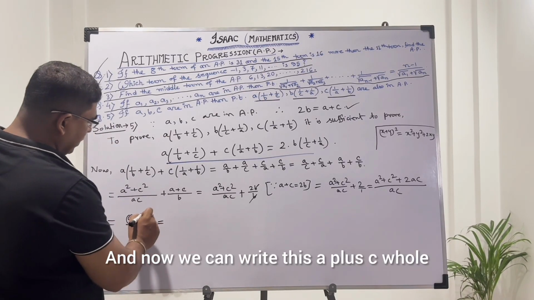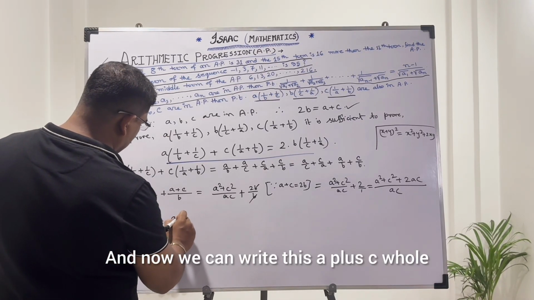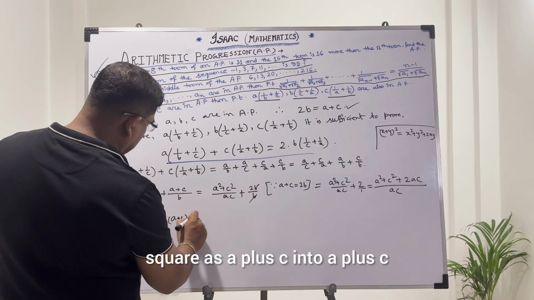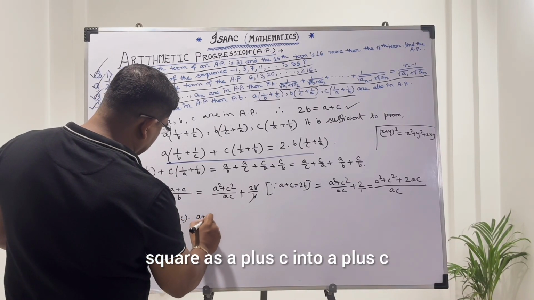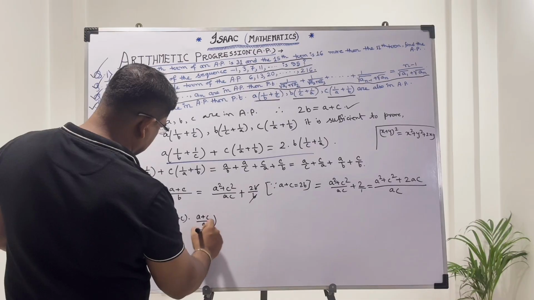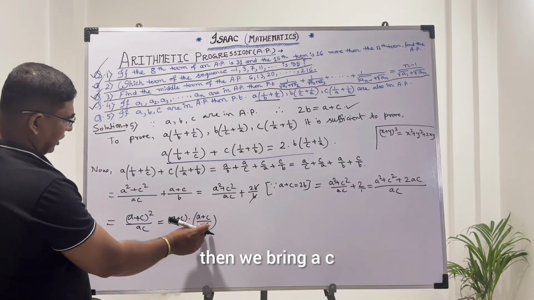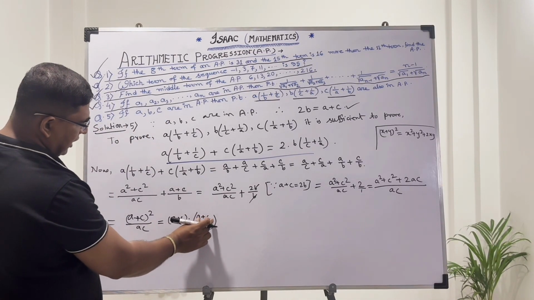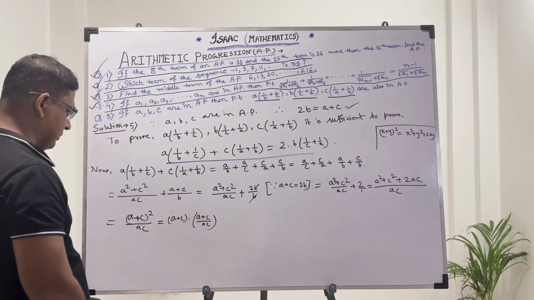And now we can write this A plus C whole square as A plus C into A plus C. Then we bring AC as its denominator.